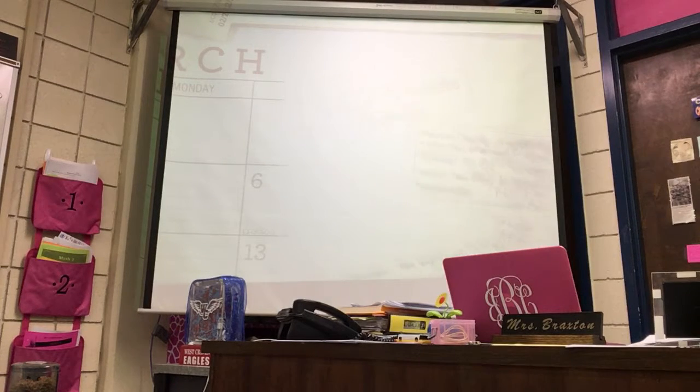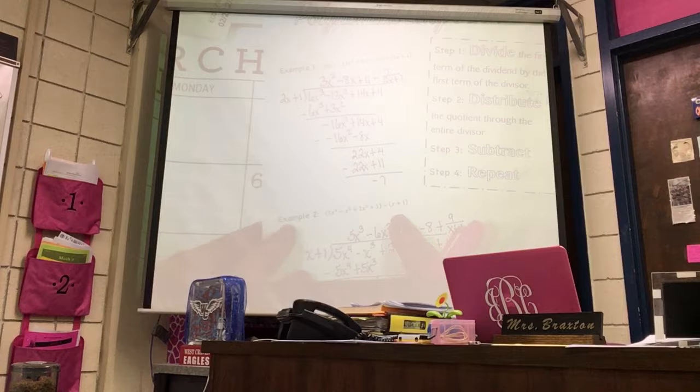If I have, this is from example 2, p, now it says x minus a, so what would my a be if I had x plus 1? If it's x minus a, what would it be? Would it be negative 1? Is everybody with me?